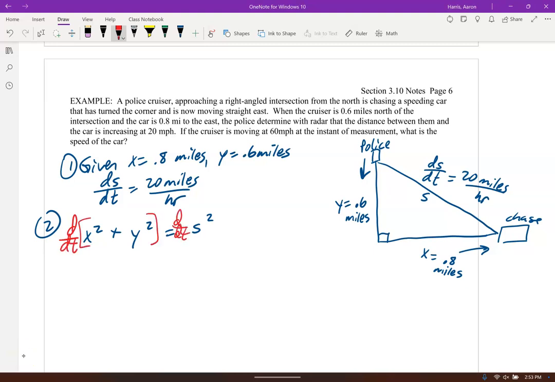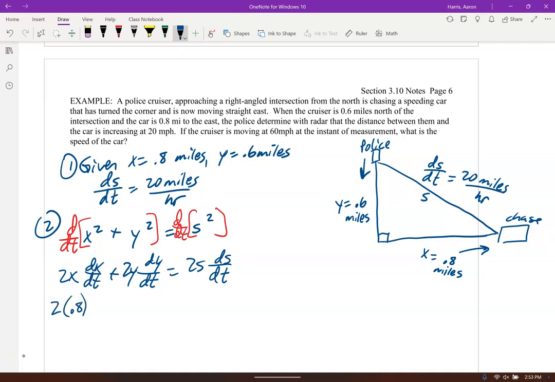All right, so we got 2x dx/dt plus 2y dy/dt equals 2s ds/dt. So our x is 0.8, our dx/dt plus 2y times 0.8.